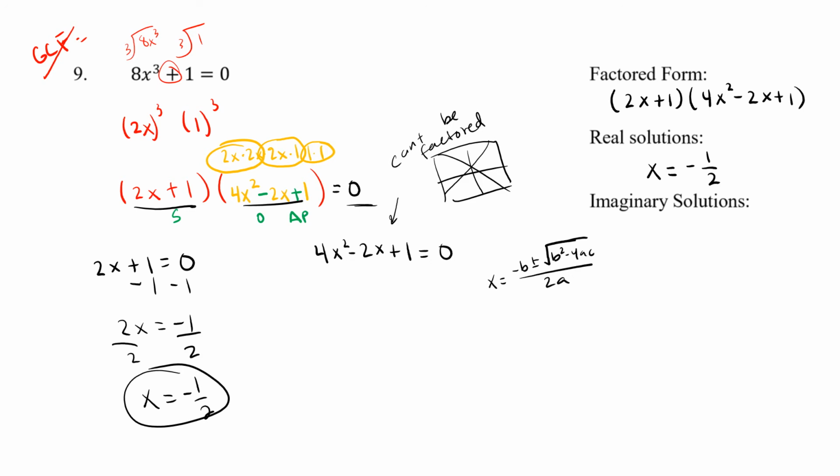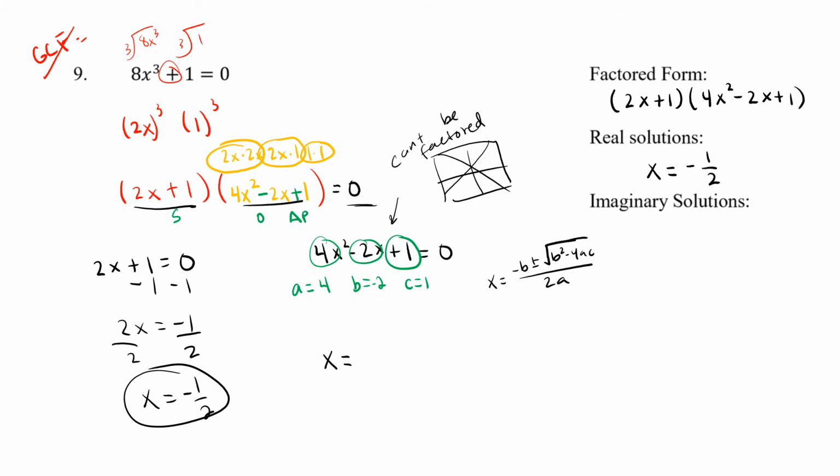Again, make sure you have that written down. You don't have to have that memorized. The biggest thing is you have to be careful when you're finding a, b, and c here. a is that leading term of 4, b is negative 2, c is 1 from these three coefficients. Biggest thing with the quadratic formula is you just have to make sure you're careful.